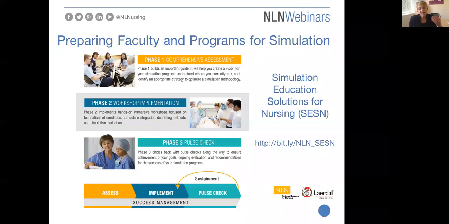And then finally, in a more comprehensive approach, in concert with our partners at Laerdal Medical, we circle back. If you engage in a more comprehensive program of development, we want to be on that journey with you, and we want to be able to check in and make sure. So both Laerdal Medical and the NLN don't believe in a one-and-done kind of approach to delivering a comprehensive program of simulation.